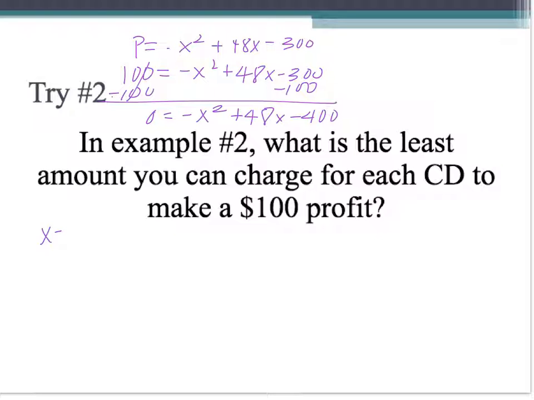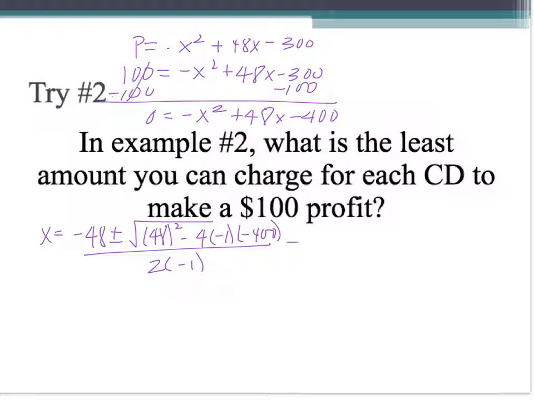So x equals negative 48 plus or minus the square root of 48 squared minus 4 times negative 1 times negative 400, all over 2 times negative 1. Okay, that's negative 48 plus or minus the square root of, and I forgot what 48 squared is, so I think it was 2,304.